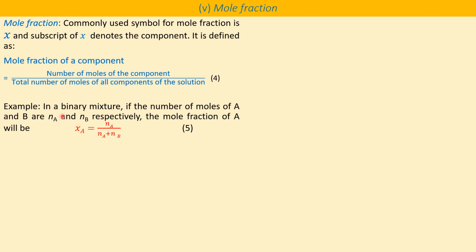Example, in a binary mixture, if the number of moles of A and B are Na and Nb, small na is the number of moles of component A and small nb is the number of moles of component B, the mole fraction of A will be Xa is equal to Na divided by Na plus Nb.